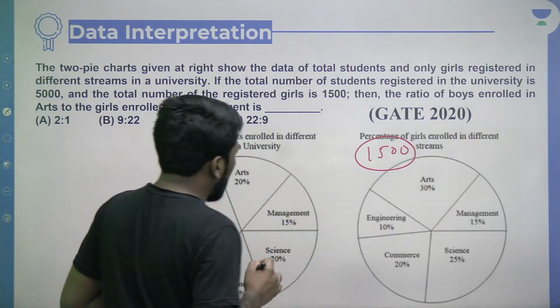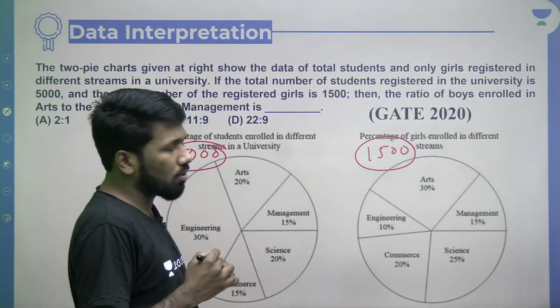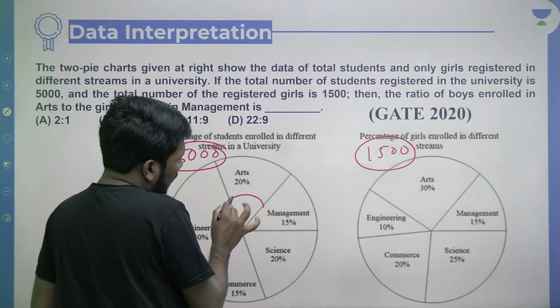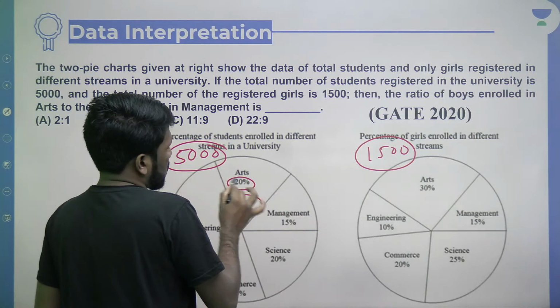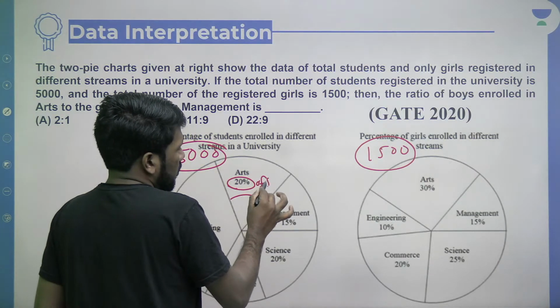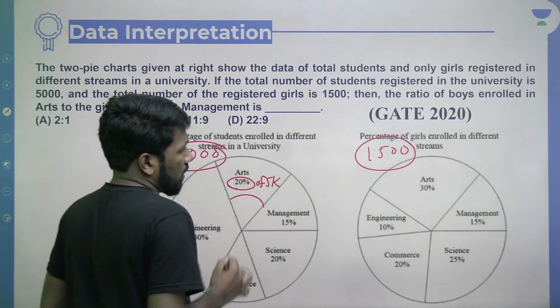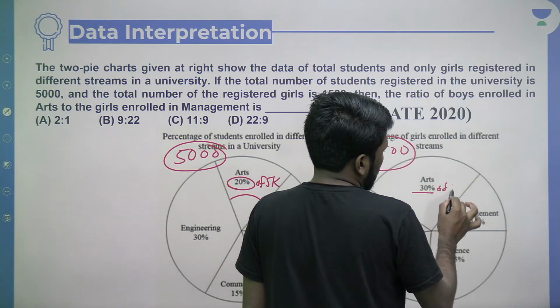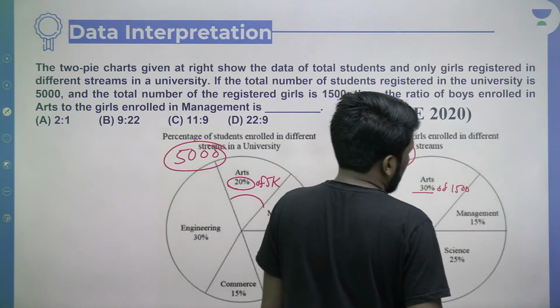Boys enrolled in arts. How can you find boys enrolled in arts? Total people enrolled in arts is 20% of 5,000. Total is 5,000, so 20% of 5,000 or 5k. And girls in arts is 30% of 1,500. Are you all understanding?